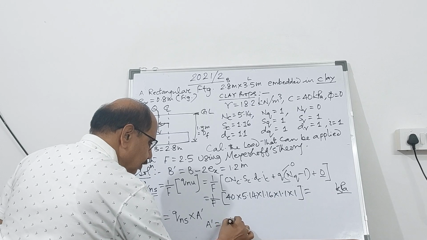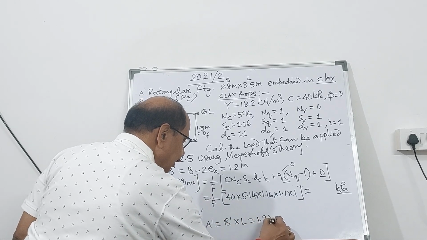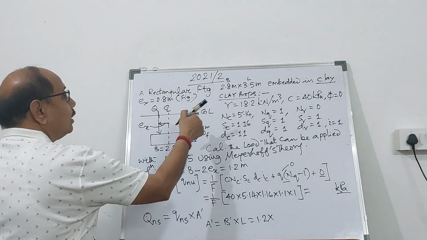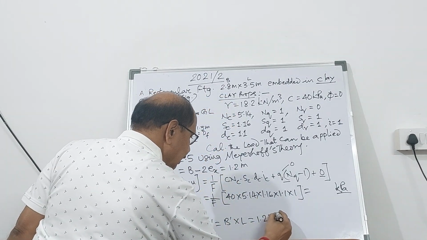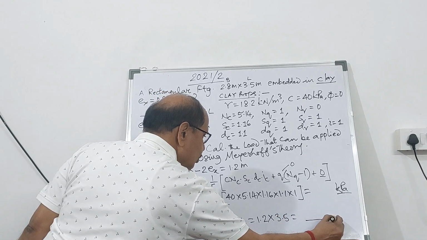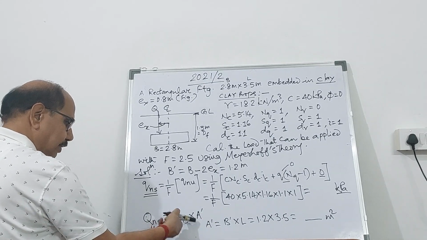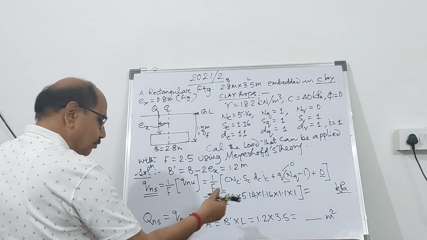B prime into L, and B prime is already known to me as 1.2 meter, and L is 3.5 meter. So I can calculate this in square meter.